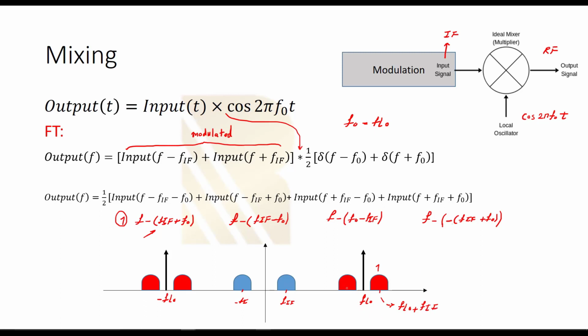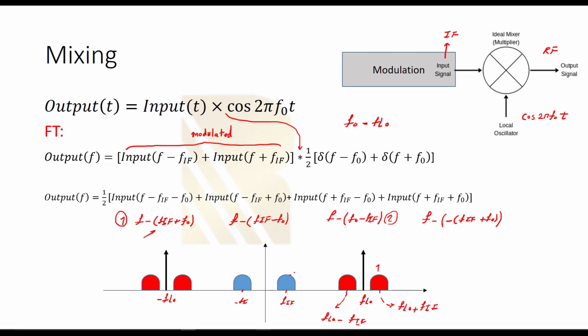And here, what do we have at the center of this channel? It's FLO minus FIF, so it should be this one. This is our second channel here. So 1, 2. And this should be FLO minus FIF. So as you see, now we have been able to up convert our channel.